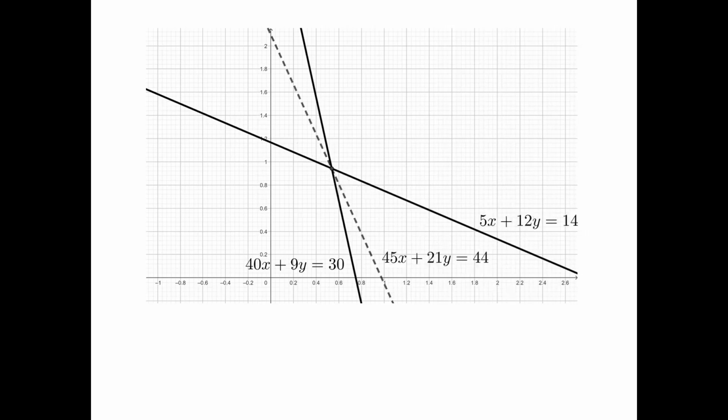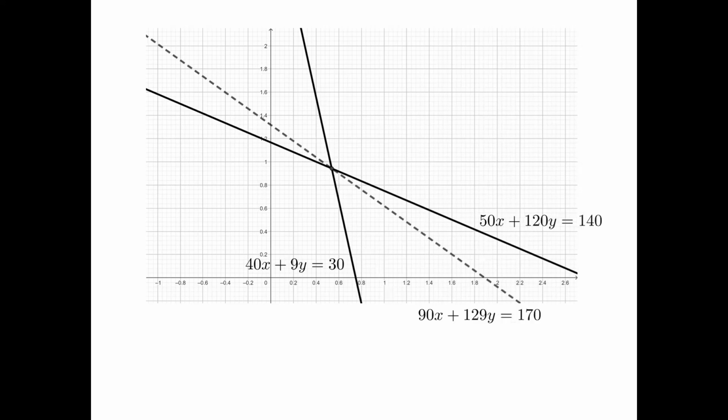Let's compare. Before we multiply the second equation by 10, the sum equation is closer to the first one. This is understandable. The first equation has relatively larger coefficients, and therefore it contributes more weight to the sum. After the multiplication by 10, the second equation has larger coefficients.